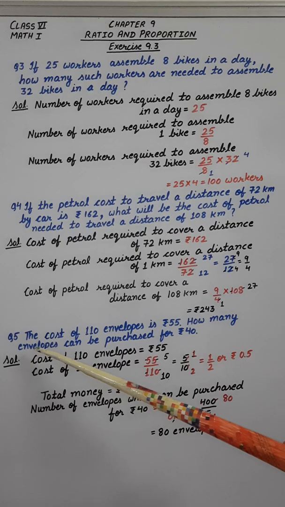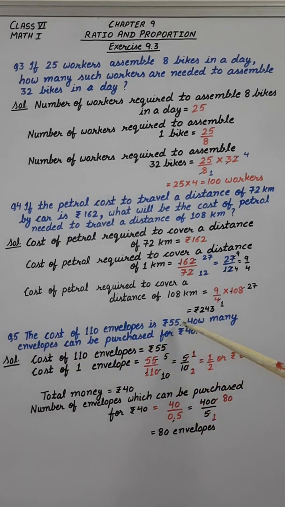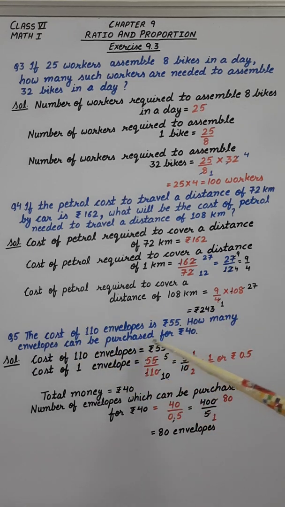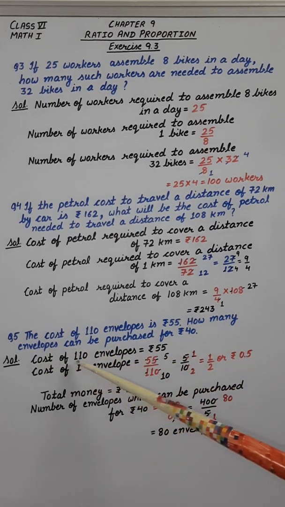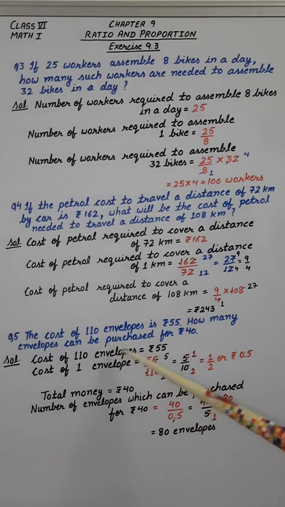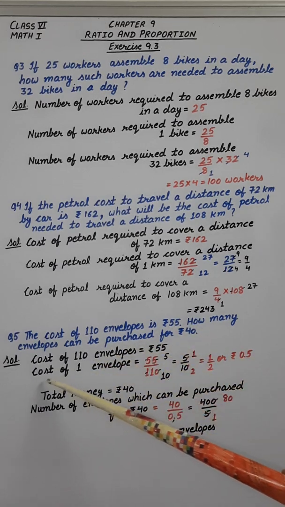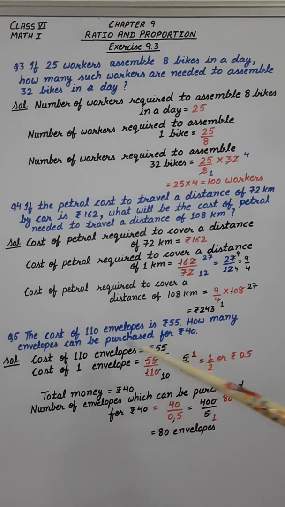Coming to the fifth question, the cost of 110 envelopes is rupees 55. How many envelopes can be purchased for rupees 40? Now here in the question it is given the cost of 110 envelopes is rupees 55. Now let's find the cost of only one envelope. So it will be 55 divided by 110.